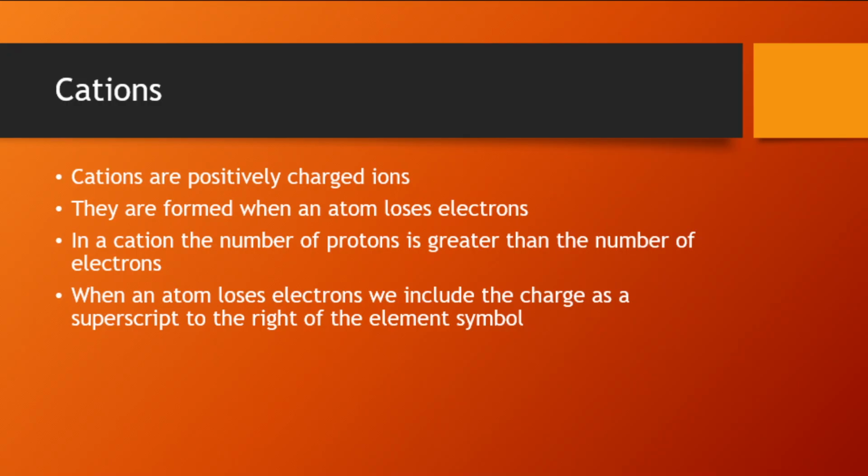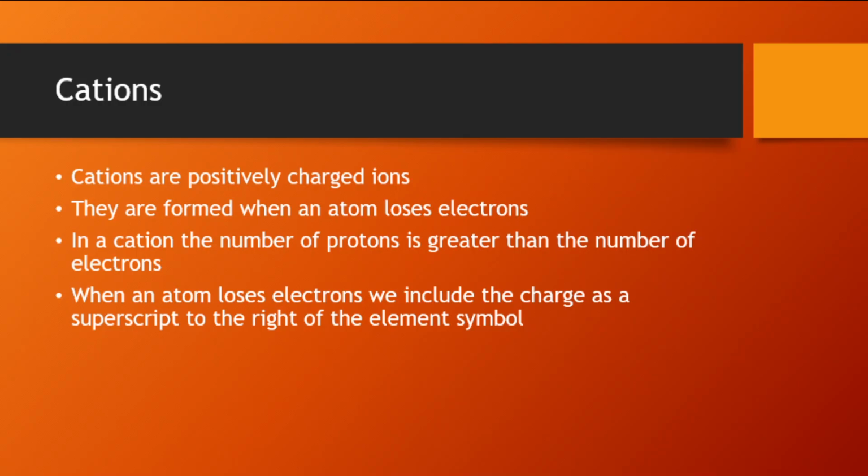Now, if it loses electrons, I want you to think about this in terms of our protons and our electrons. If I'm losing an electron in a cation, that means that the number of protons is going to be greater than the number of electrons that are now in this particular ion. Okay, so cations have a greater number of protons than electrons.